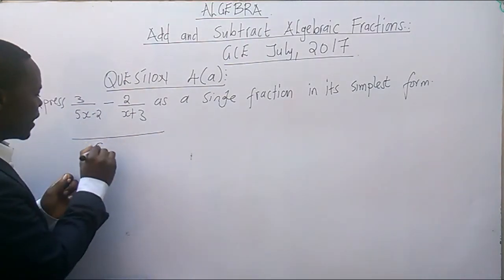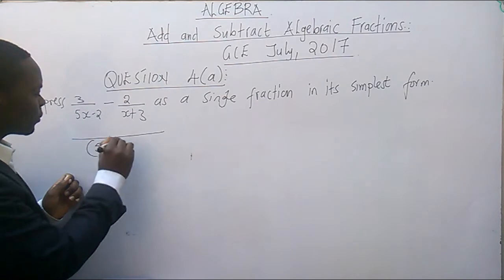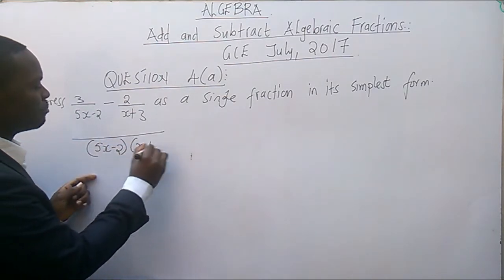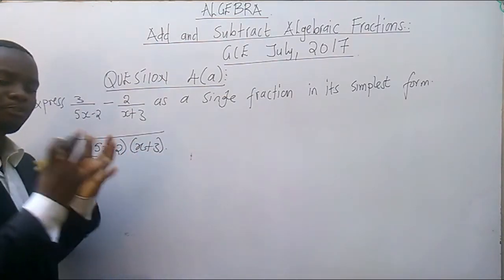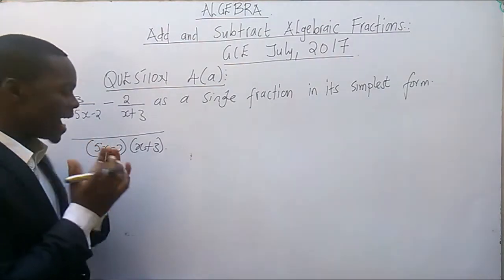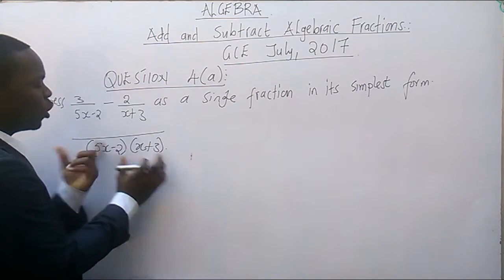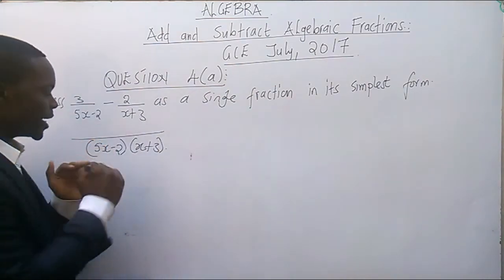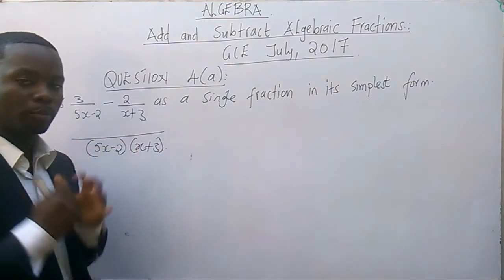So I'll get 5x minus 2 like this, and then x plus 3. Here you must make sure that you put your denominators in brackets, as if you are multiplying them. So include the brackets when writing your lowest common multiple.